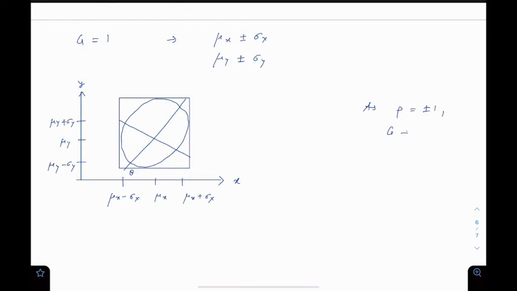So the orientation of the major axis of the ellipse is given by tan 2 theta, which can be computed as 2 rho sigma x sigma y by sigma x square minus sigma y square.